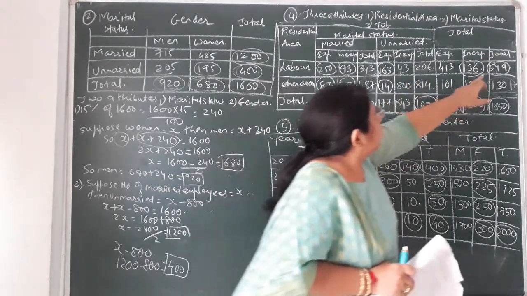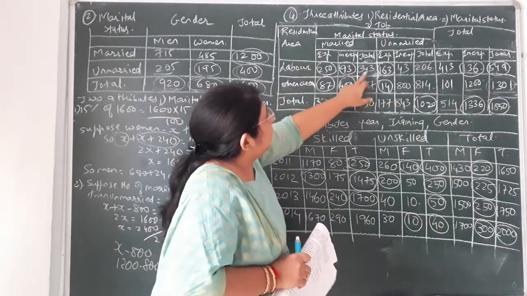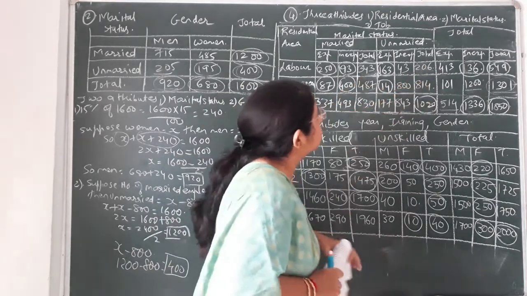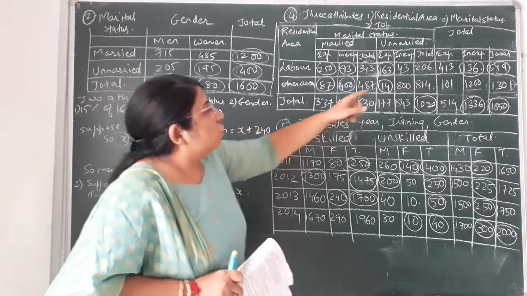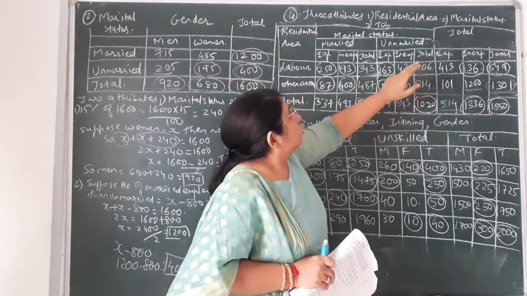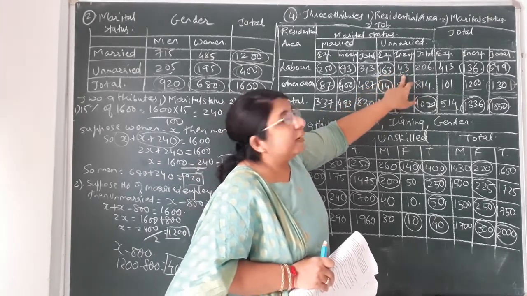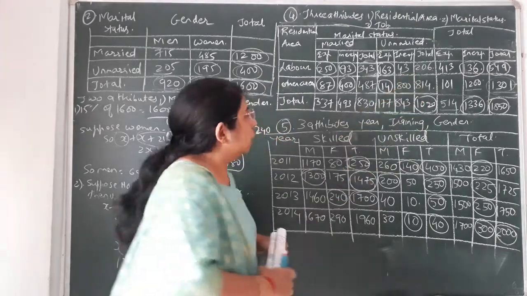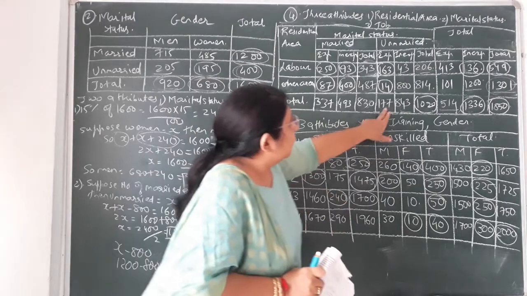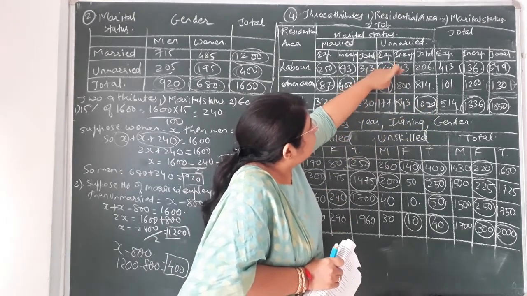Again repeating, from the total 549, if you subtract 343, you will get 206. Okay, so now you have got the value 206. From the total 206 you subtract experience, that is 163, you will get the value 43. Okay, so you have got these two values also, 43 and 206.